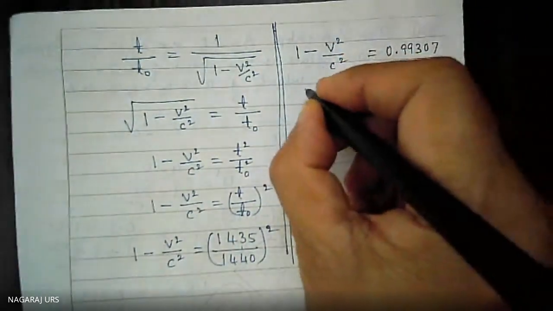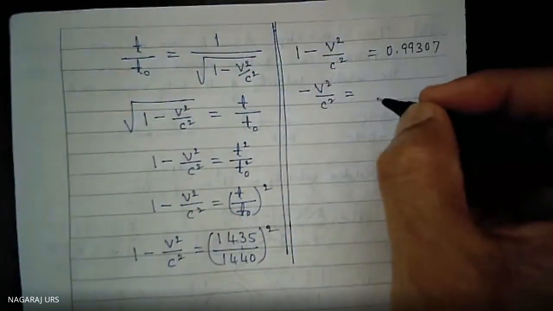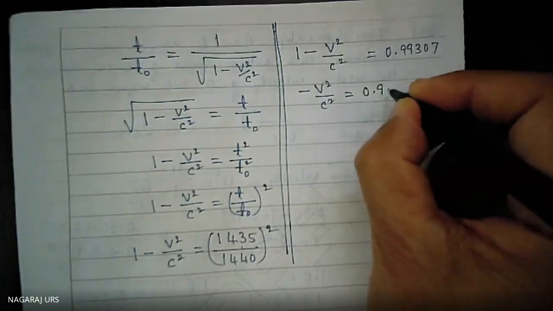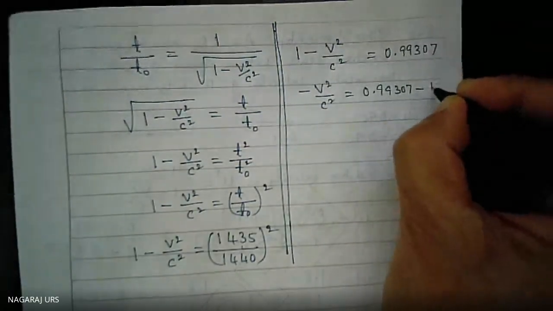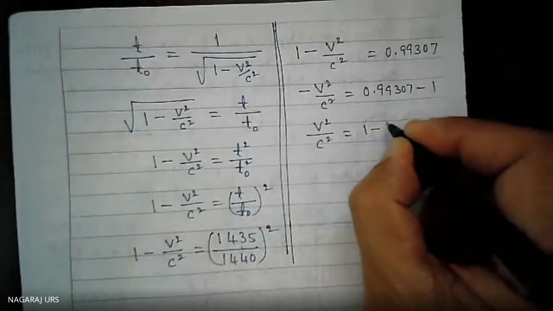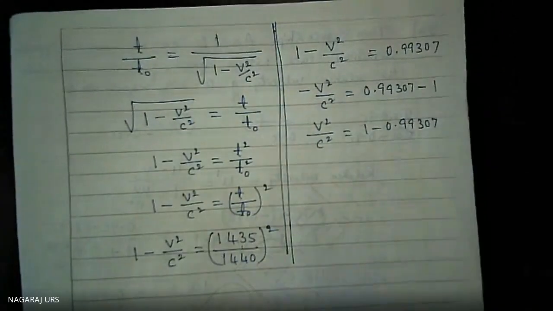So therefore, minus V square divided by C square is equal to, taken to the other side, minus 1. Okay. V square by C square is equal to 1 minus 0.99307.